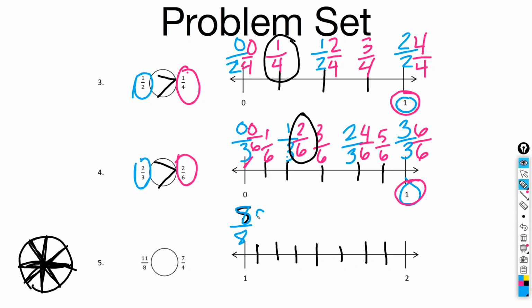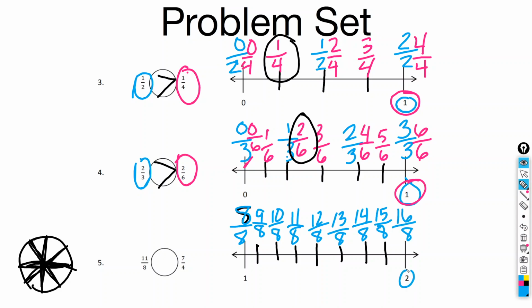I'm at 8, 9 eighths, 10 eighths, 11 eighths, 12 eighths, 13 eighths, 14 eighths, 15 eighths, and finally 16 eighths, which is the same as 2 wholes.